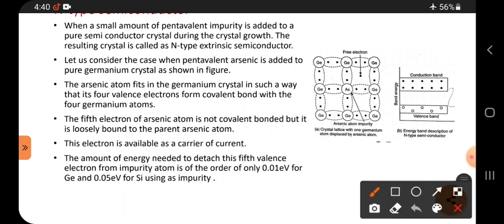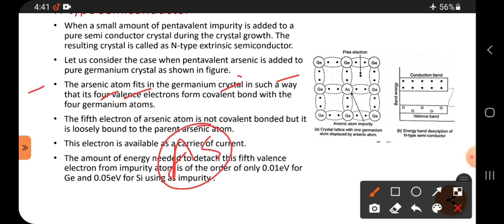Okay, here the arsenic atom fits in the germanium crystal in such a way that its 4 valency electrons form covalent bonds with the germanium. Arsenic is a fifth group element. How can we decide?